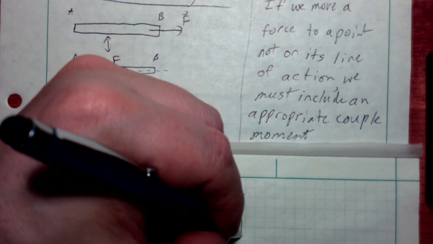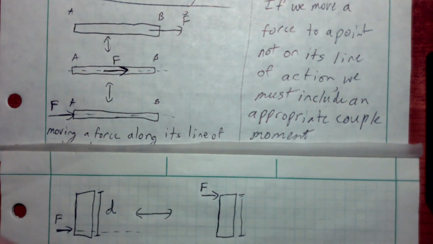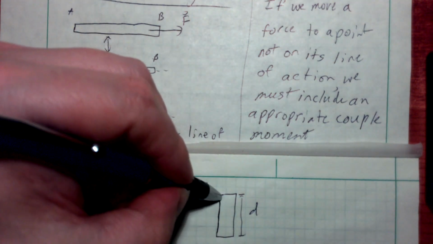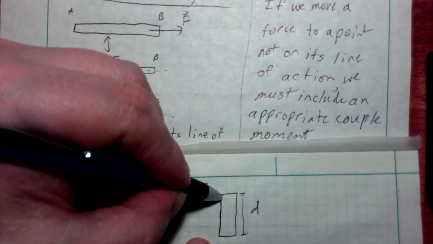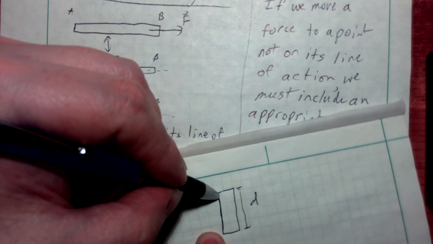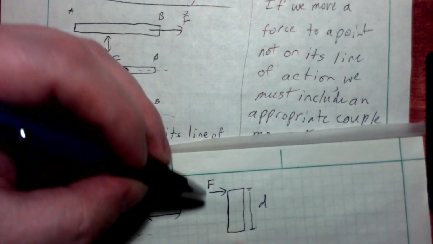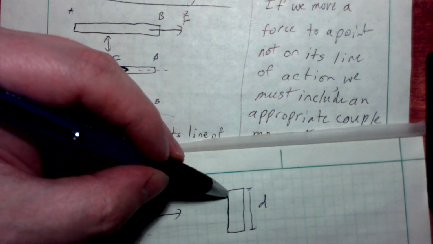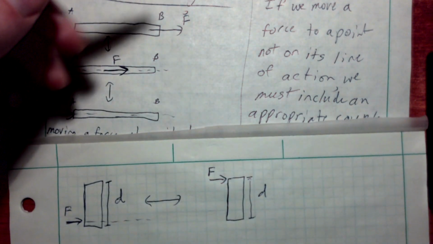Now it was, move this distance d. So it was down here. Now it's up here. And keep in mind that this force was trying to cause a counterclockwise rotation of this thing. Well, now that I've moved this force up here, it's not necessarily causing the same type of rotation.